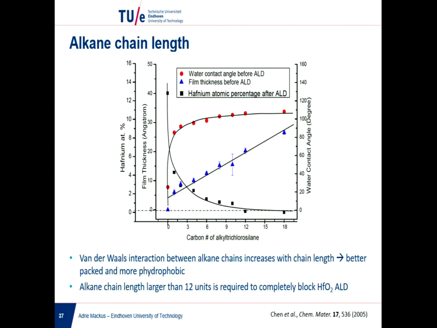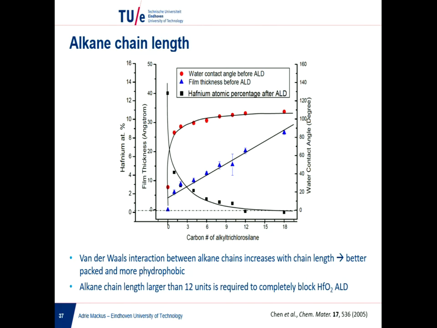So as I said, this is one of the most standard ways of doing area-selective deposition, which also means that it's quite well studied. So here, this is a study where they tried hafnium oxide ALD on a surface functionalized with self-assembled monolayers of different lengths.